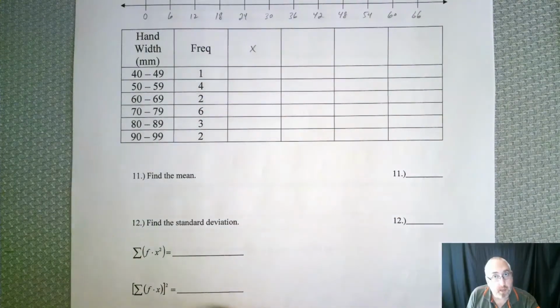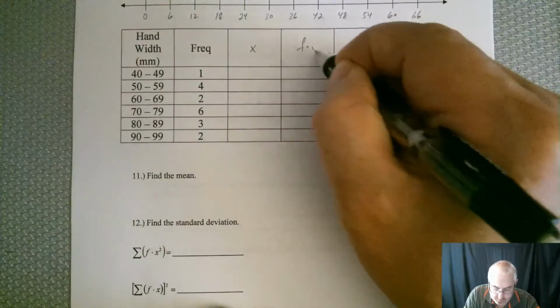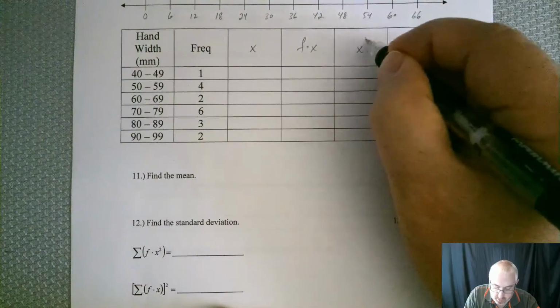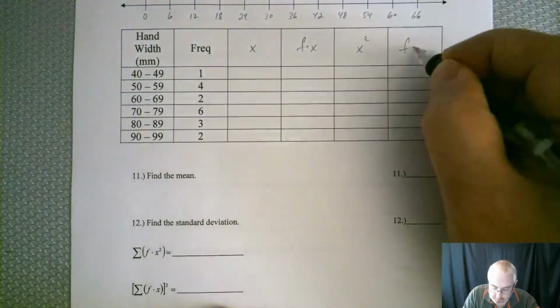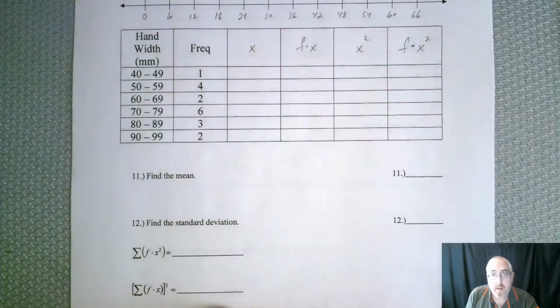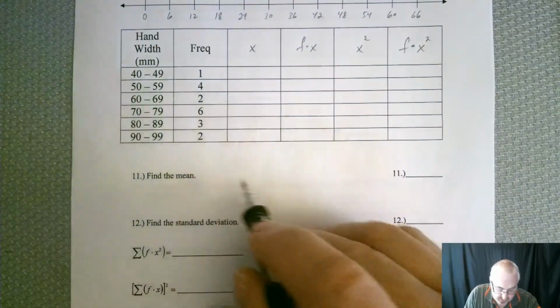So the midpoint is going to be that representative value. Next, we need to multiply by the frequency. Then we want to square those values of X. And then we want to multiply the frequency times that squared value of X. So there's your headings, and now we just got to fill everything in.